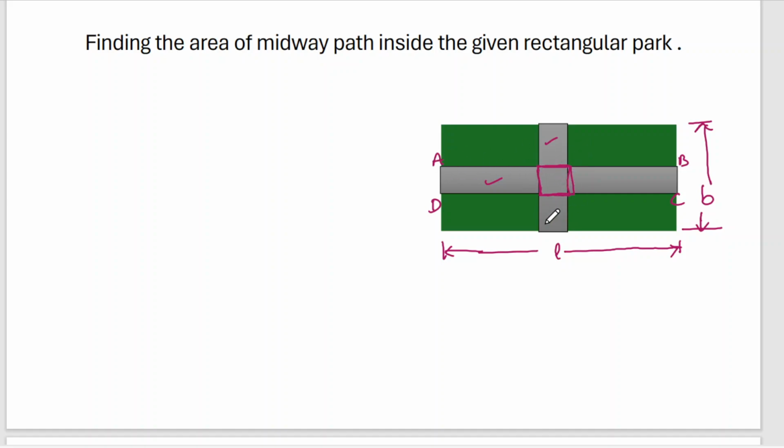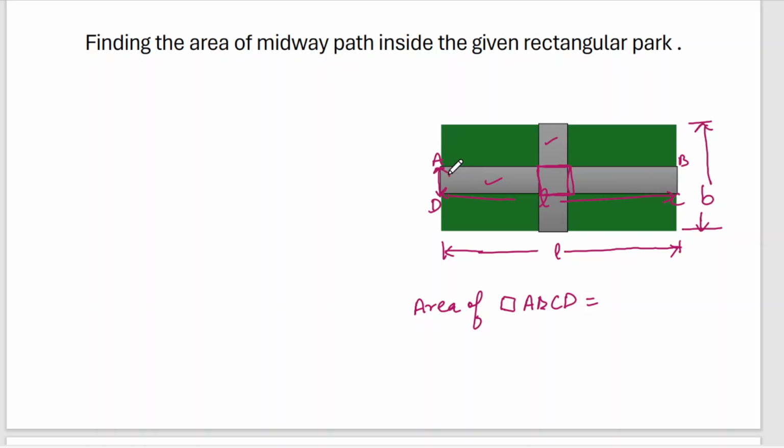So let me see what is the area of rectangle ABCD. What is the length? You can take the reference of this. This is your L only. From here to here it is your L. And what is the breadth? Breadth is the width of the path.